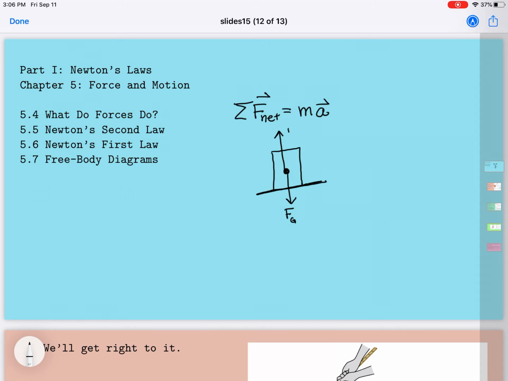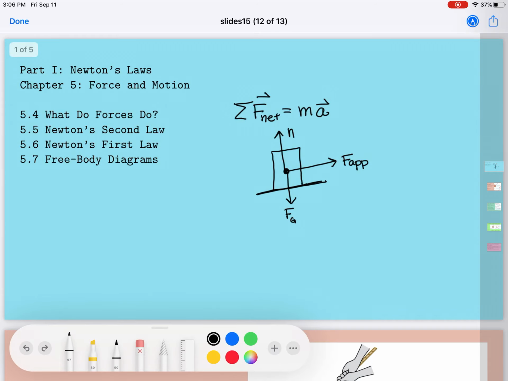And then we know that there's a normal force. So if we're pushing on the block, we're going to have an applied force that is going to be pushing it to the right. Even though we're probably applying the force back here, we always draw the forces from the center of the object.